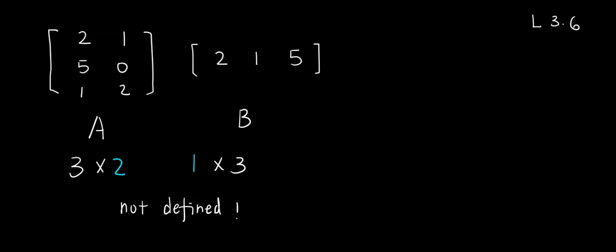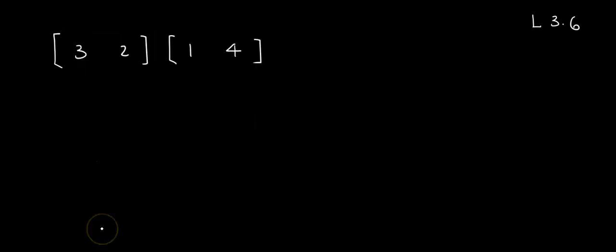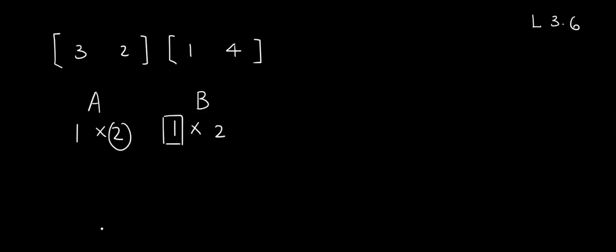Okay, let us look at another example. Our next example is matrix A is 3, 2, matrix B is 1, 4. Let's check rows 1, columns 2. And row 1 and column 2. Okay, once again, these 2 numbers are not the same. Therefore, we write down undefined.